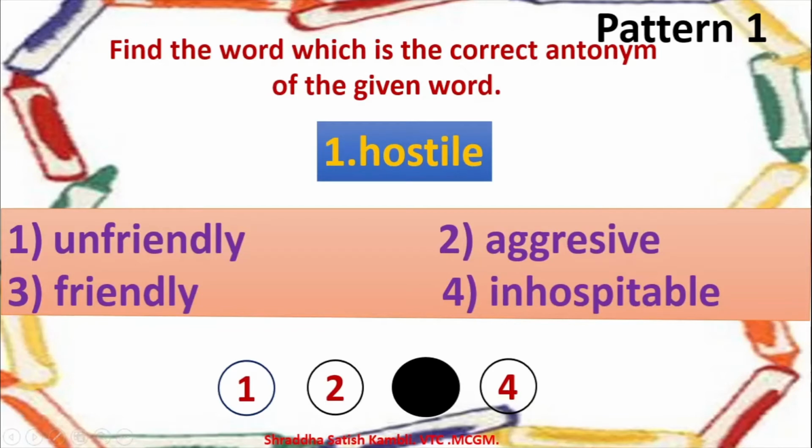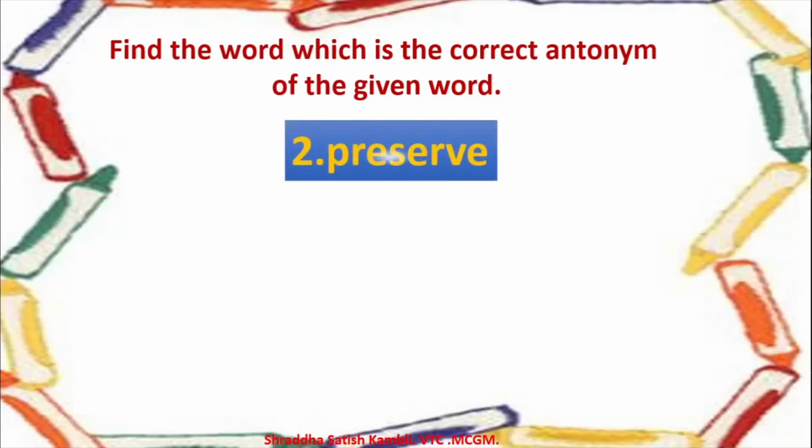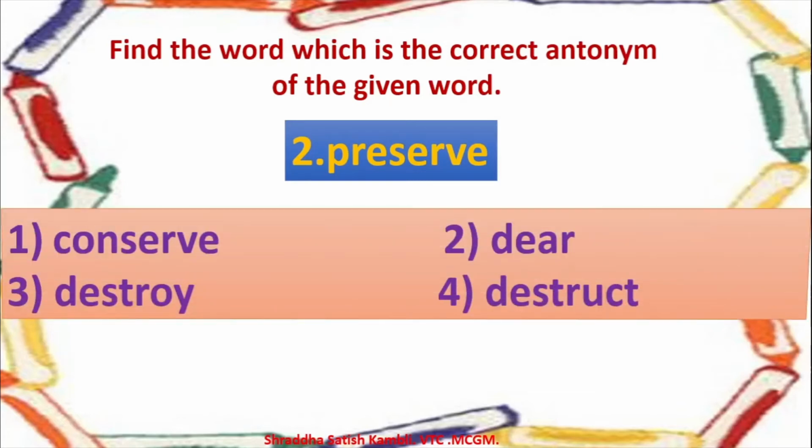Now since we have a lot of patterns to do, children, we will try to do 3 examples from each pattern. Go to example 2. You have preserve. Find the word which is the correct antonym of the word preserve. So what are the options?